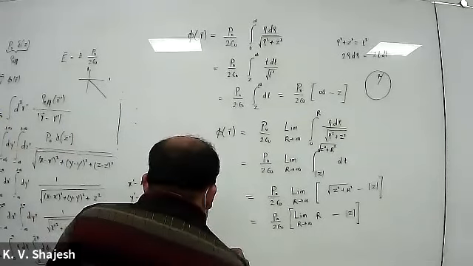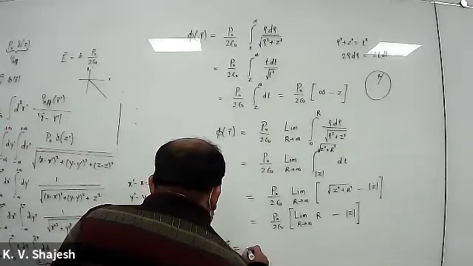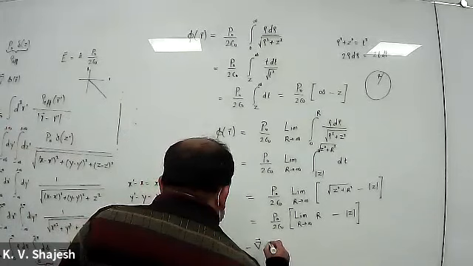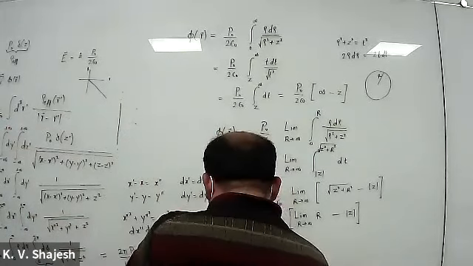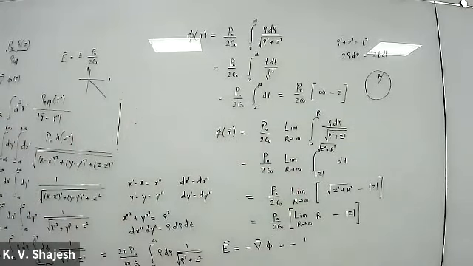Okay, with those comments, let me do the electric field. So the electric field is the negative gradient of the electric potential, which is equal to the negative of... Yes, almost.